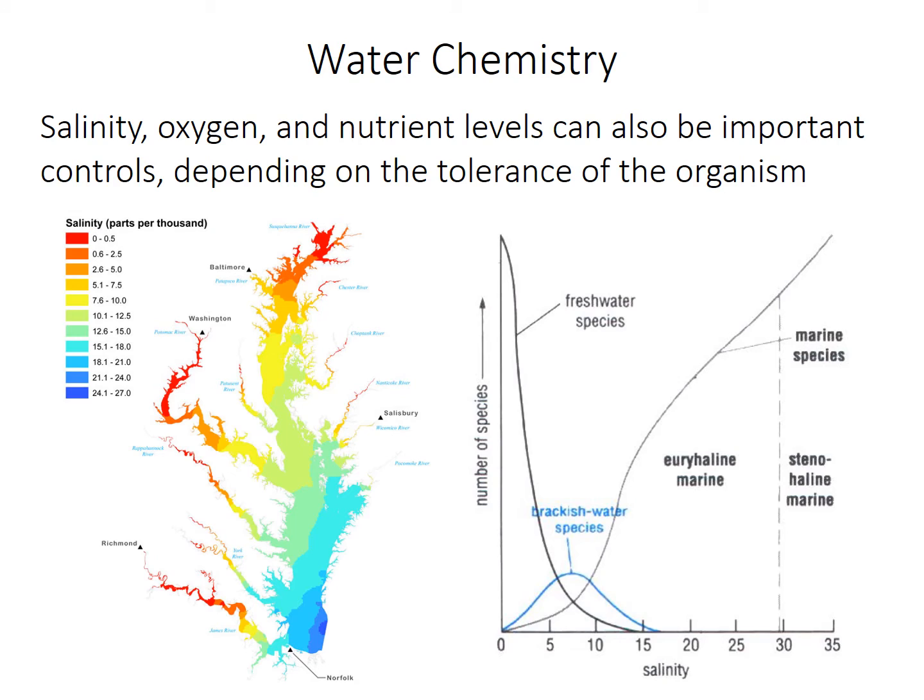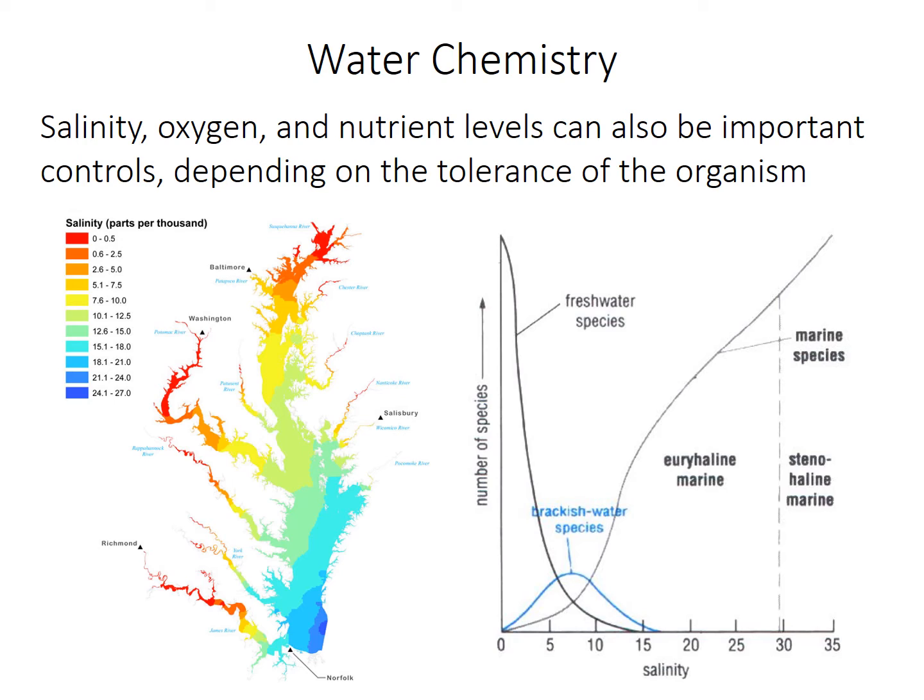So other aspects of water chemistry, especially salinity and oxygen concentration, for example, can also be important. In the open ocean, salinity is fairly constant at around 35 parts per thousand, plus or minus a couple, but salinity can be lower, or brackish, in coastal environments like an estuary, or it can be higher, or what's also called hypersaline, in other environments like lagoons, for example, in desert regions.